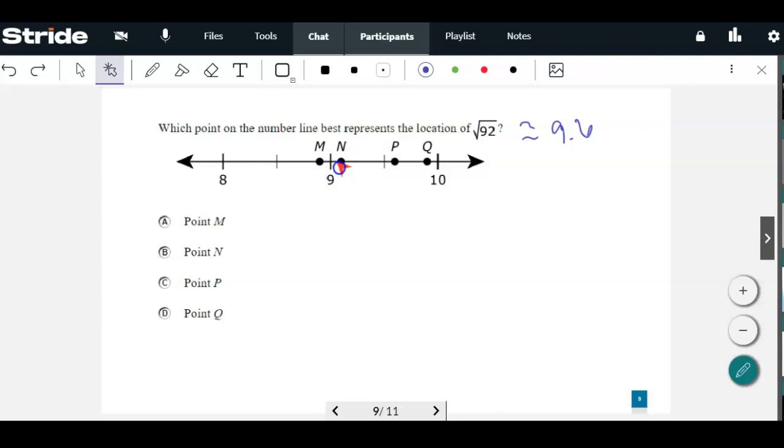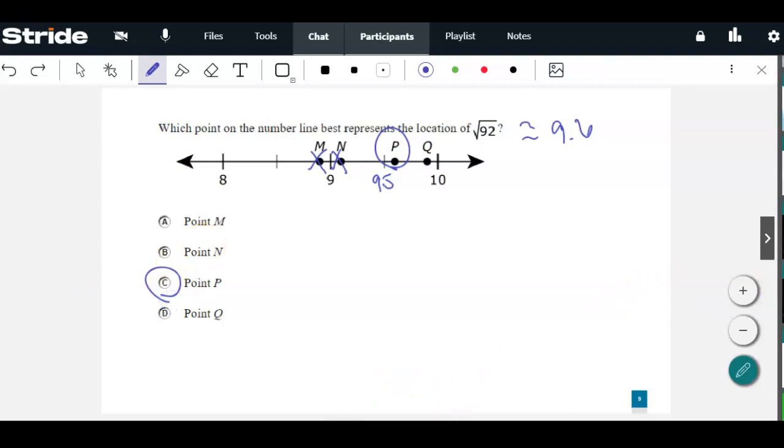This is less than 9.5 because here's the middle, that would be 9.5. I can label that. This would be 9.5. So it's not this one or this one. P looks pretty good. That's right there. And then Q is too close to 10. So the answer should be P. So C.